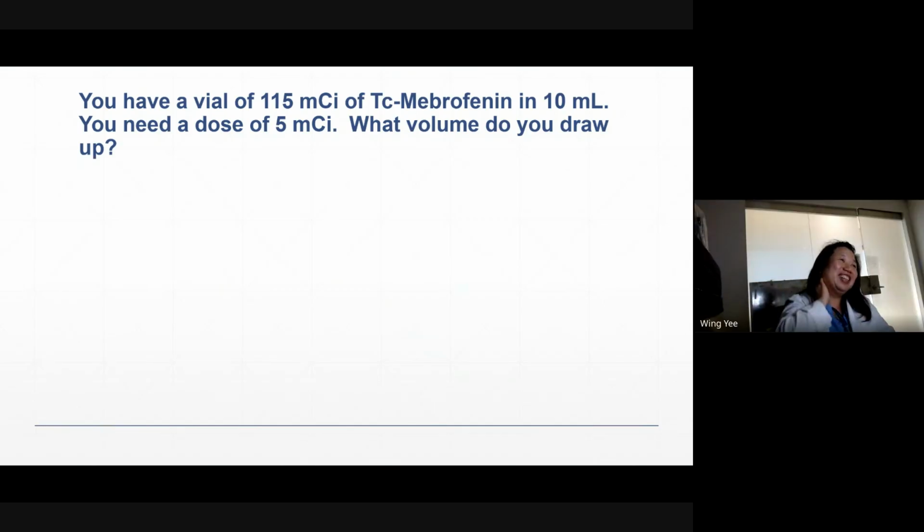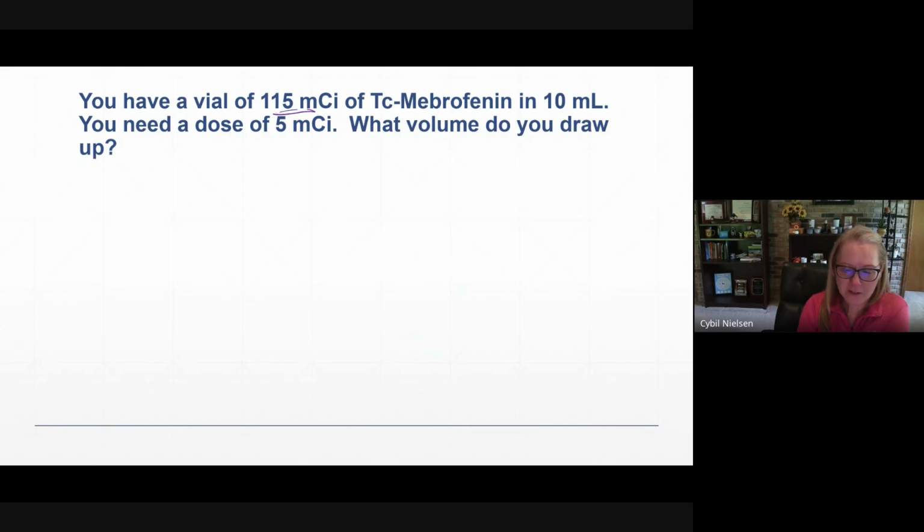All right, we have a vial of 115 millicuries of tech-mebrofenin. It's in 10 ml. You need a dose of 5 millicuries.